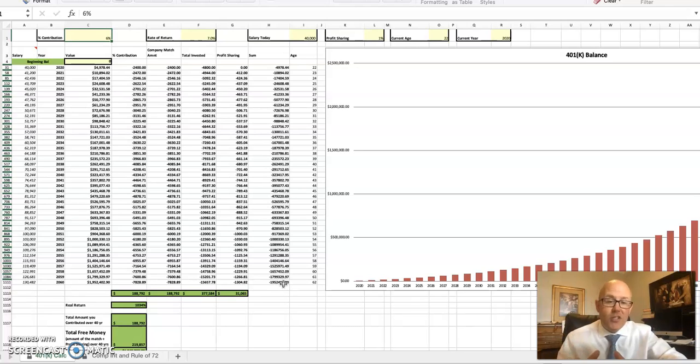So the difference is you forego $1.1 million by waiting just 10 years. Now I get it. You can say, I'm going to put in more and all that kind of stuff, and you can try to make it up. But as was shown in the first announcement of this week's discussion, it's difficult to make it up because you can end up putting in significantly more money and still come up shy.